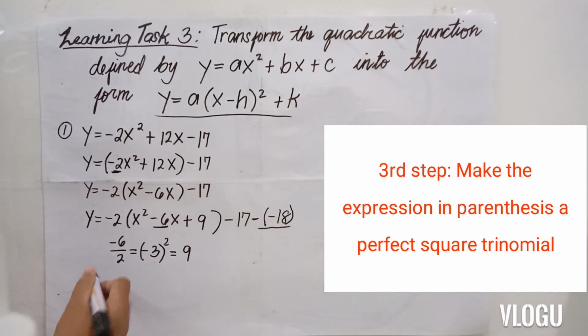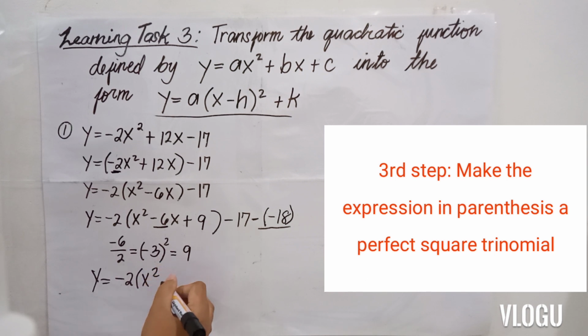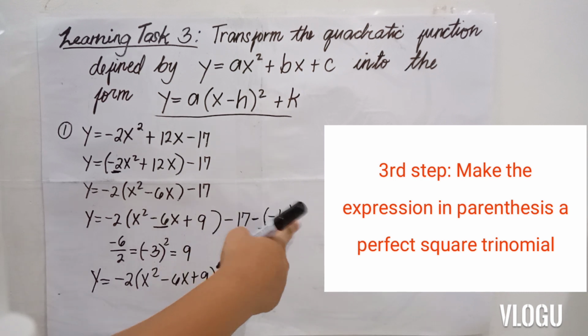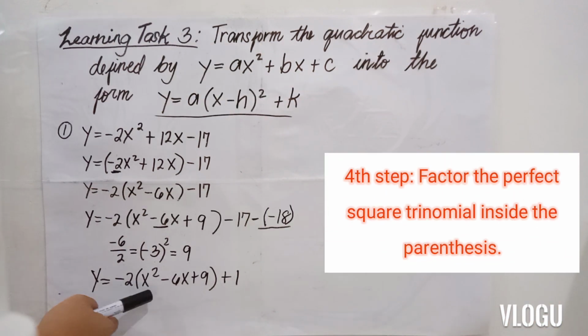So let's simplify. Y is equal to negative 2 times x squared minus 6x plus 9. Negative 17 minus negative 18 is equal to positive 1. And then we're going to factor x squared minus 6x plus 9 into a perfect square.